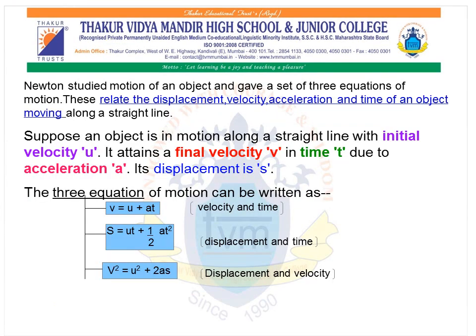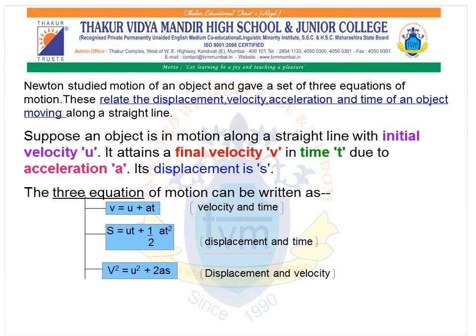Newton studied the motion of an object and gave a set of three equations of motion. These relate the displacement, velocity, acceleration and time of an object which is in motion or moving along a straight line.